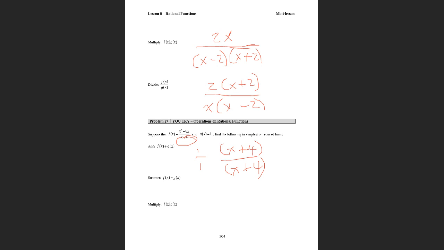Maybe you could do the addition and then do the subtraction by yourself. So x squared minus 6x over x plus 4 plus x plus 4 over x plus 4. You see that?